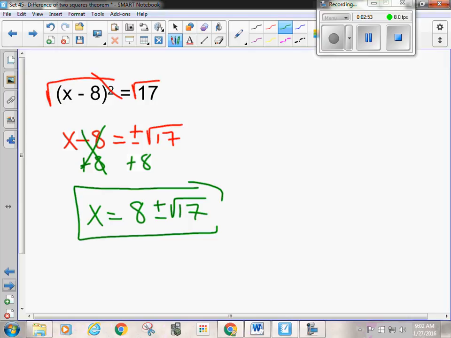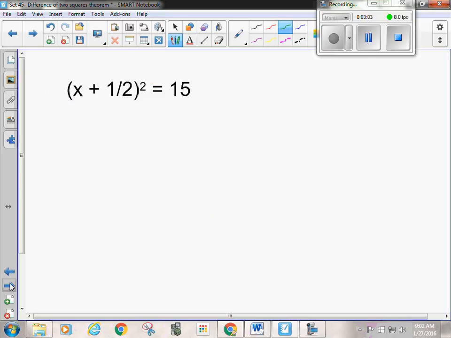This works best when we get problems where it's something squared right away. If it wasn't like that, we'd have to do some addition and subtraction first. All right, so this problem's set up just like the last one, where it's got something in parentheses squared. So we start off by taking the square root on both sides. That will cancel, and we're left with x plus 1/2.